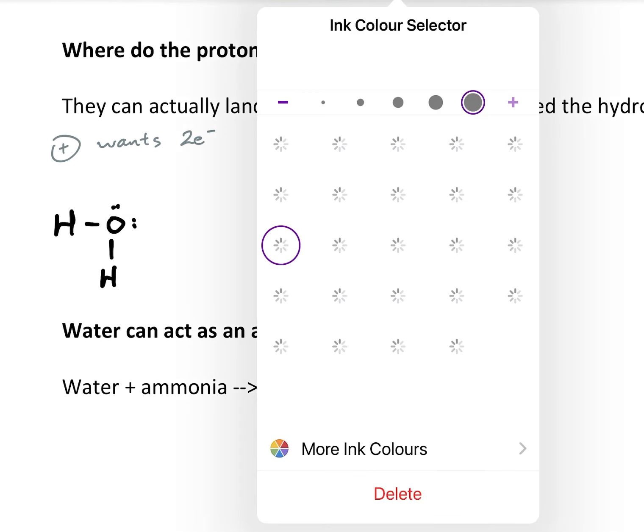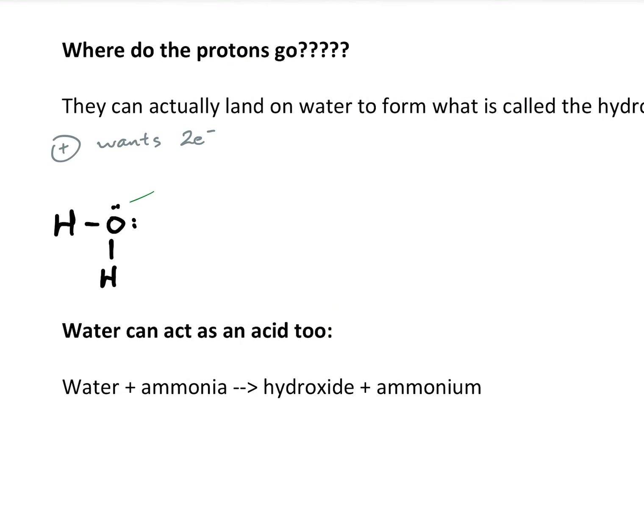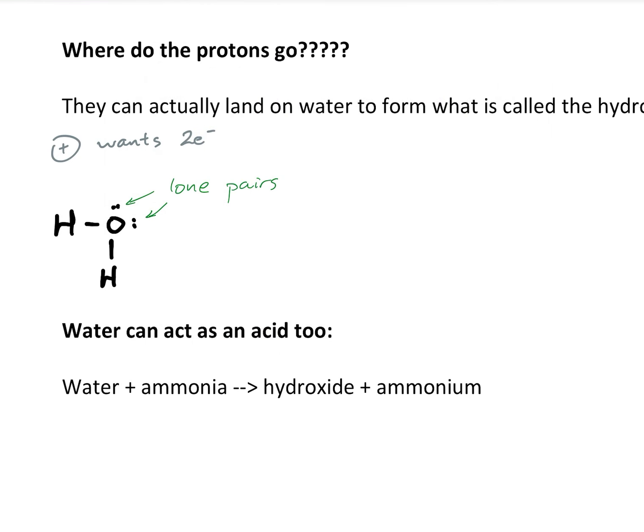Now, let me just shrink that down a bit. Okay, so these dudes here are called lone pairs of electrons. And these dudes here are called bonding pairs, because, well, they're bonding.